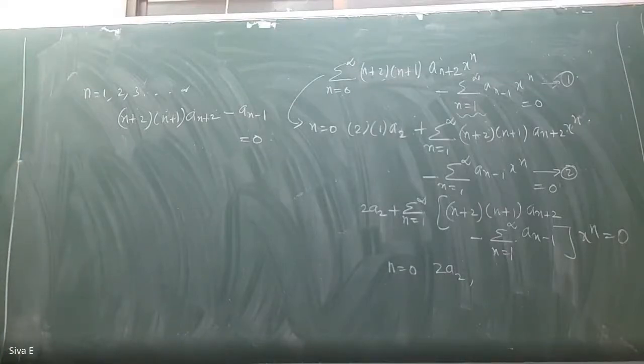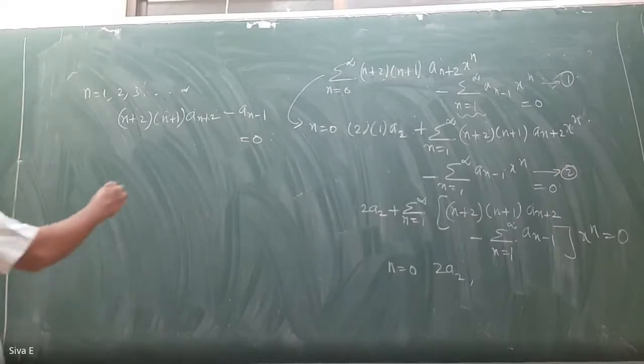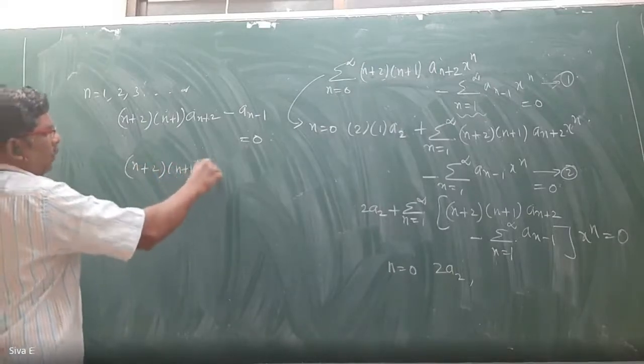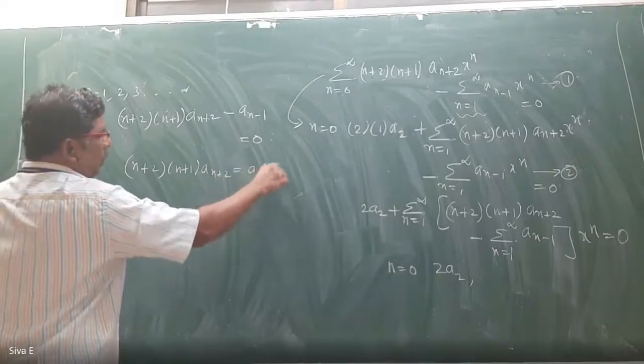This is the recurrence relation, which gives n plus 2, n plus 1, a n plus 2 equal to a n minus 1.